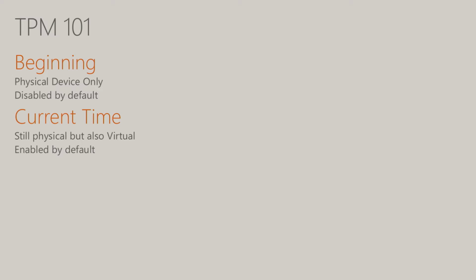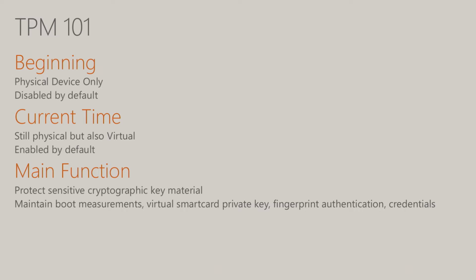The other thing is its main function: protect sensitive data. It basically is, for better or worse, a dumb chip. Now it's a dumb virtual chip too, but it protects private key material. It doesn't just do BitLocker.